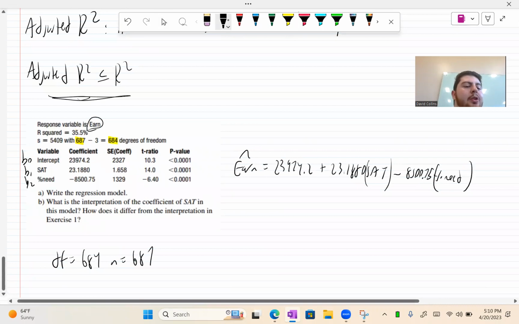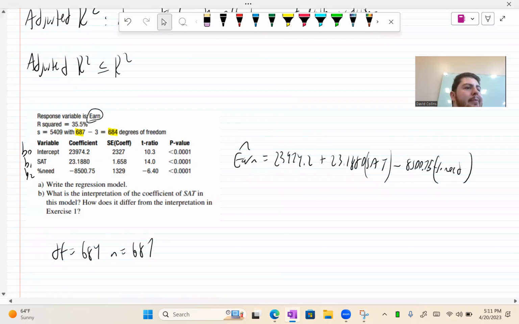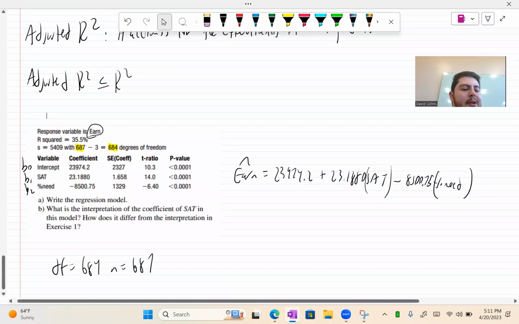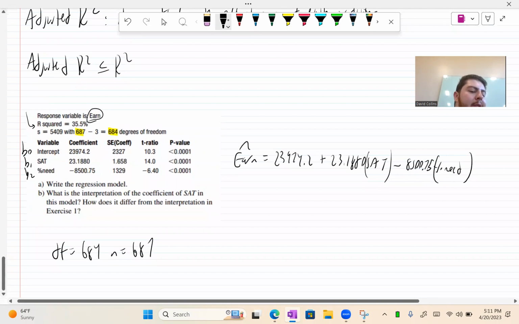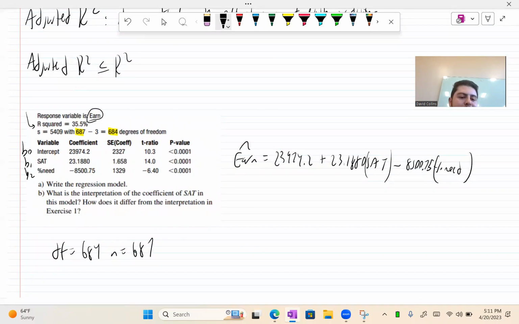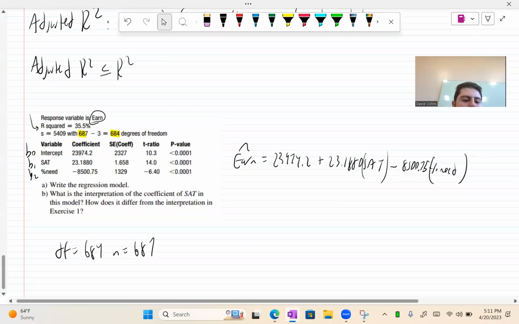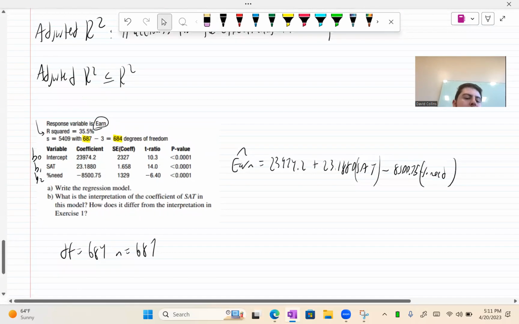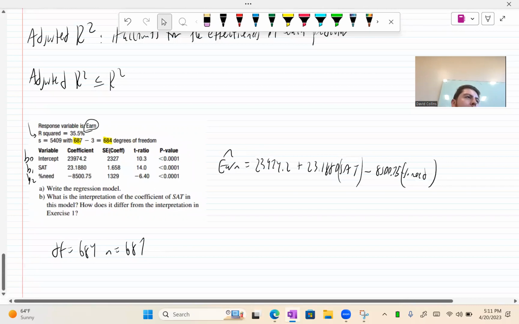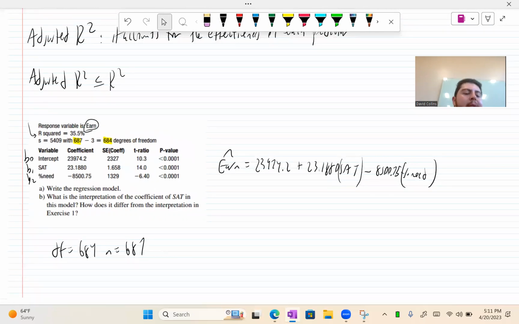Well, adjusted R squared is less than R squared. So yeah, this is the adjusted R squared because we have multiple predictors. The real R squared for this would be bigger, maybe like 40%.